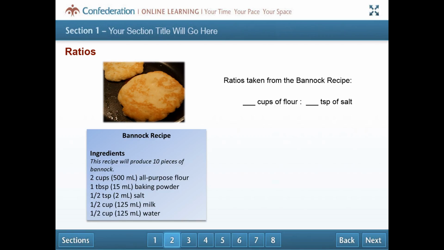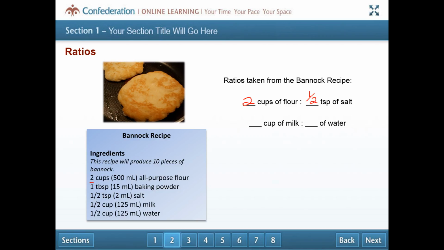For example, what's the relationship between flour and salt? You'd look here, we've got 2 cups of flour, and then 1/2 teaspoon of salt. So that's a ratio, and we could actually turn that into a conversion factor as well.